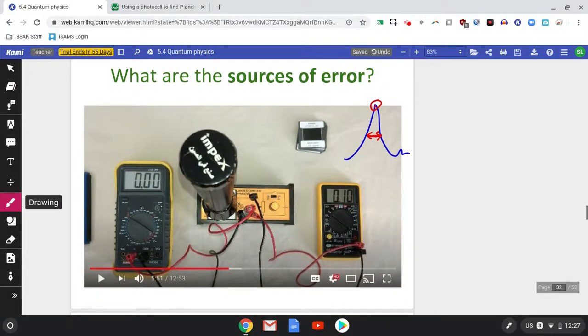This is the answer, the main one. If you remember from the video when I set this up, I showed you that we should have been using something called a picoammeter, which can measure really small currents in picoamps, 10 to the minus 12. Unfortunately, our picoammeter is broken, so I made do with a simple multimeter set on microamps. That's going to have a big part to play, because we measured the stopping potential when this dropped to zero.